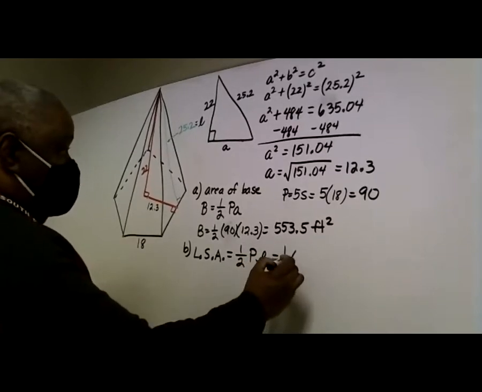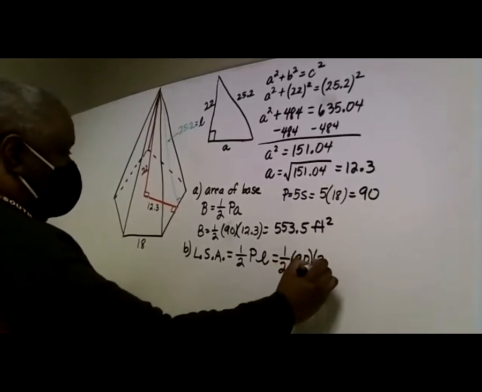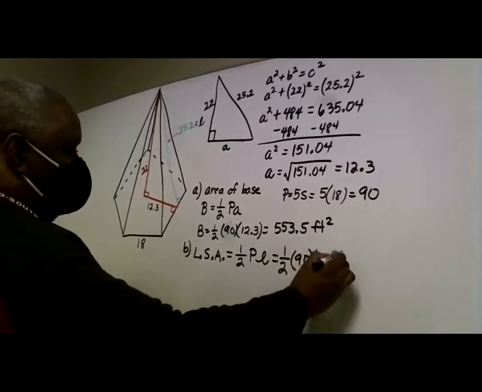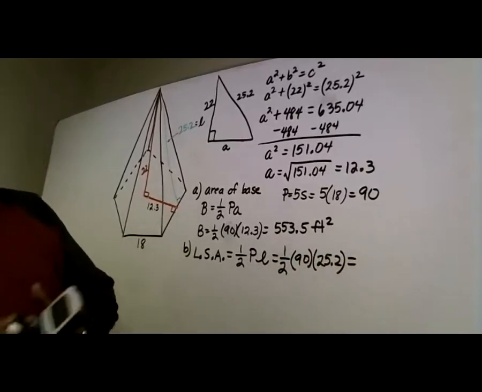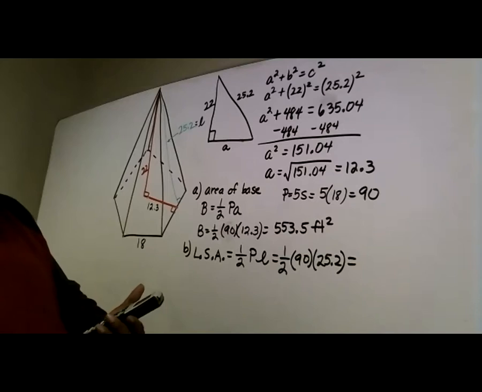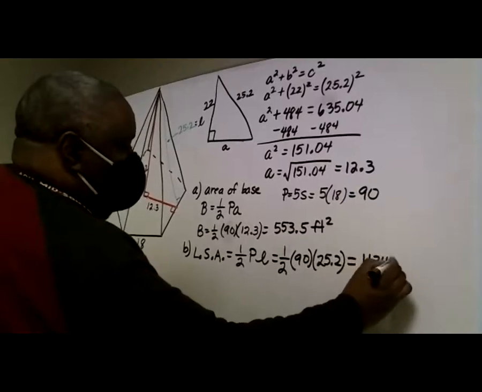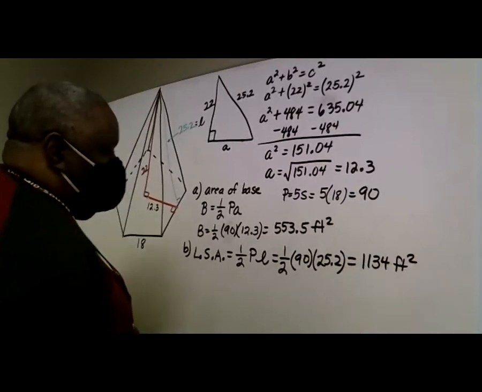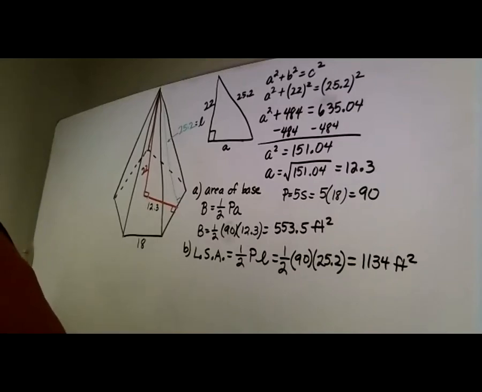So 1/2 the perimeter, we found that out to be 90, times the slant height of 25.2. I got 1,134 square feet. That's the lateral surface area.